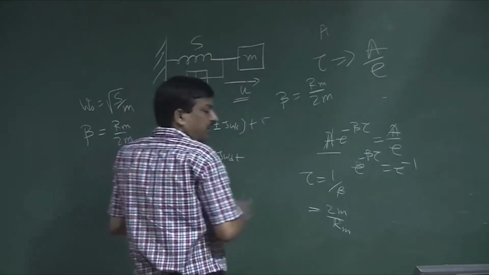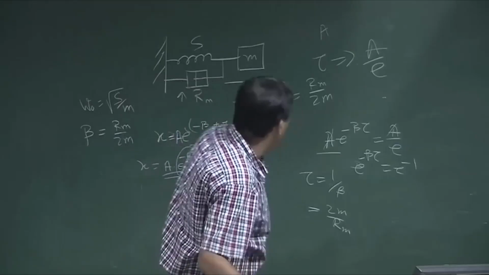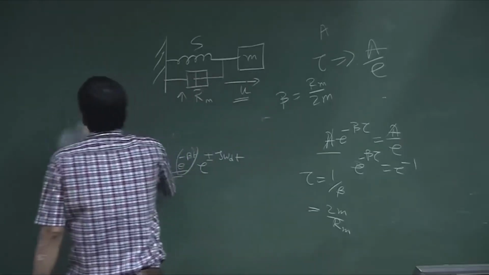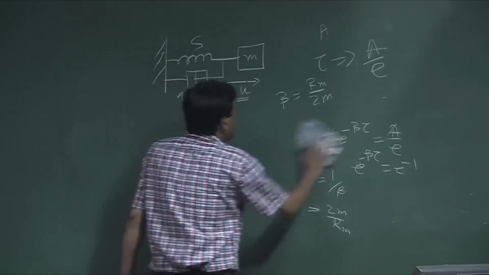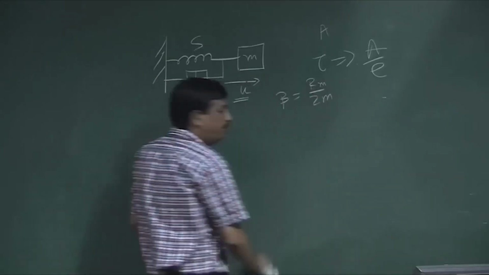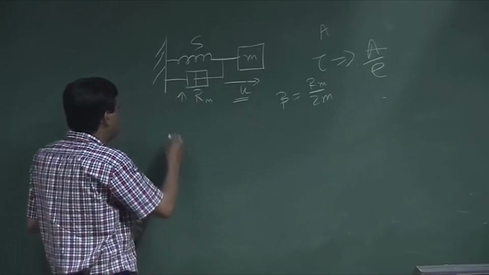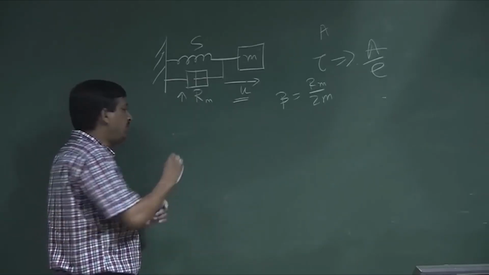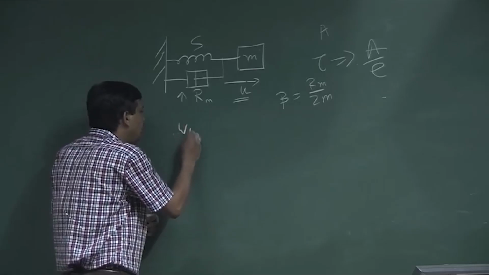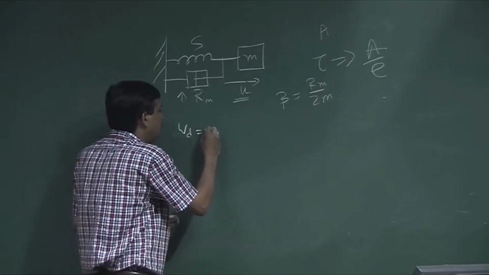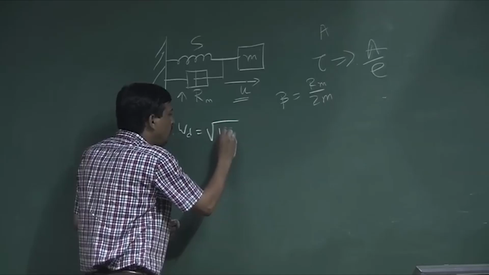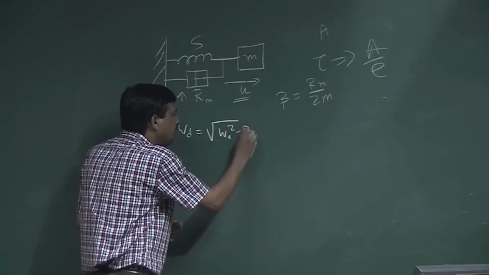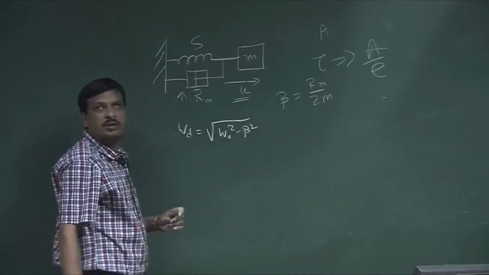I am not going into the details of the underdamped and overdamped conditions. So, if I say the system is critically damped, then omega d is equal to root over of omega 0 square minus beta square.